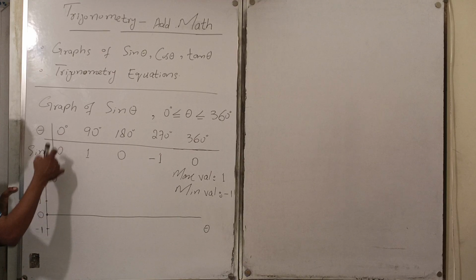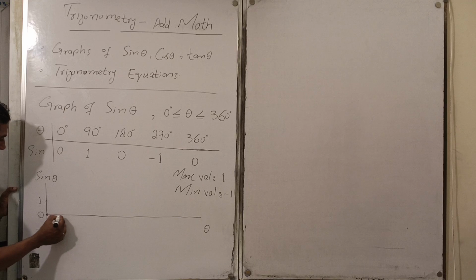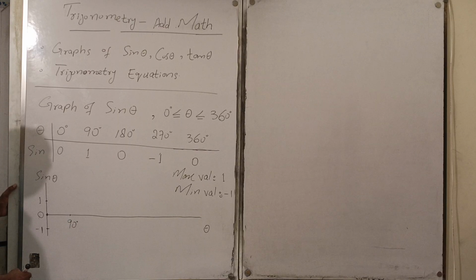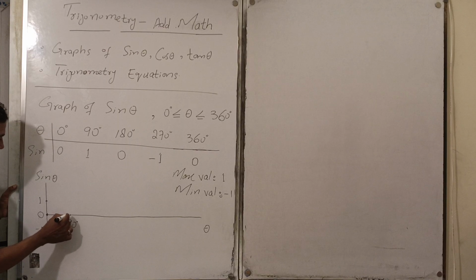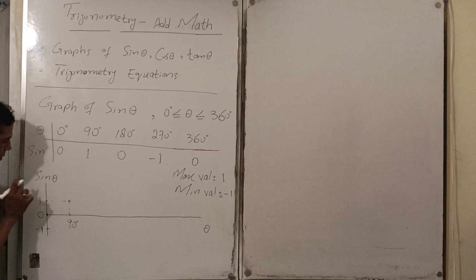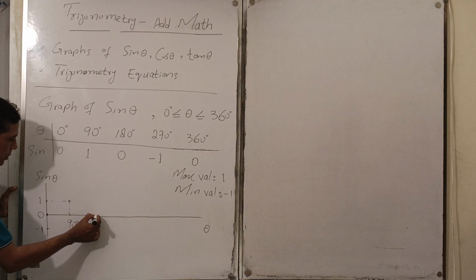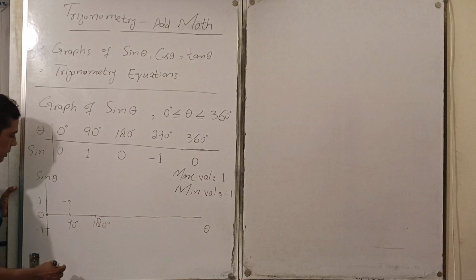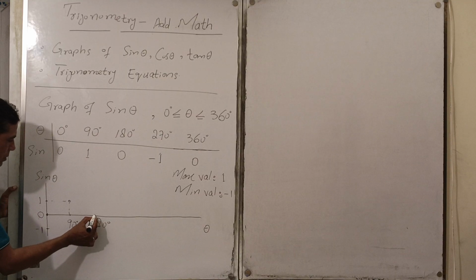When the angle is 90, the value is 1. For 180 degree, the value is 0.